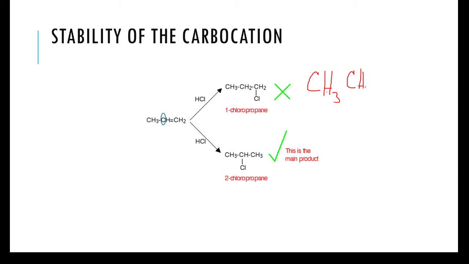The hydrogen went here, and we had this as our carbocation. Let's just imagine this happened. Even though that's not the stable one, this is the intermediate before chlorine goes to add.